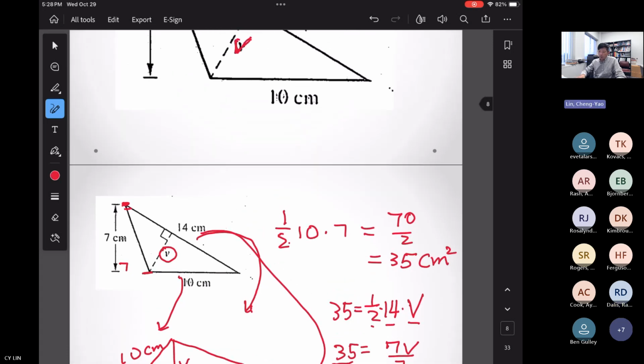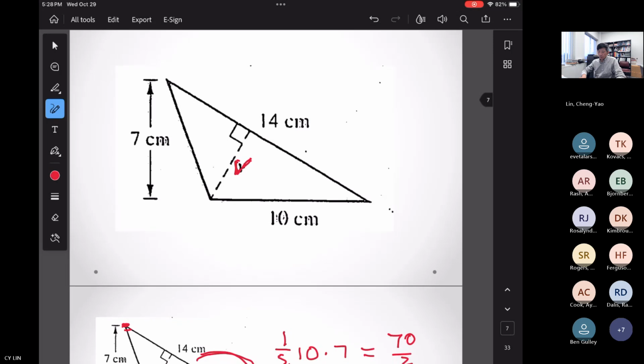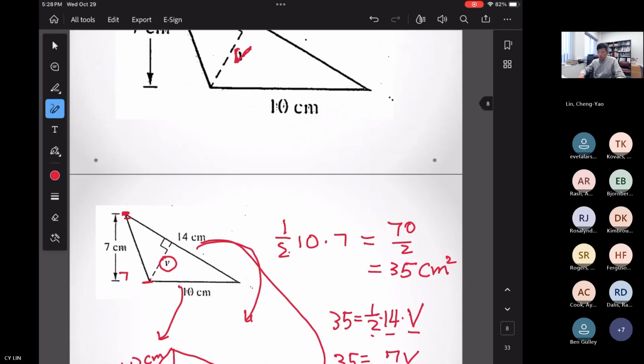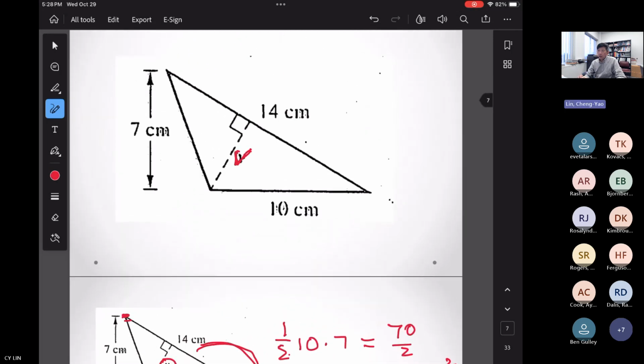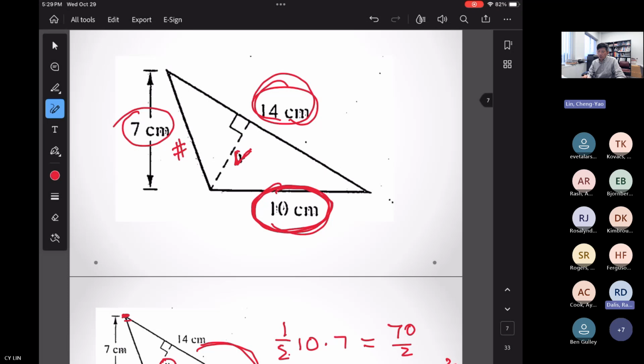Well, this problem will tell you, in this triangle, we have 3 different bases, and one is unknown, right? If you change the base, you have to change the height, right? But the area stays the same.